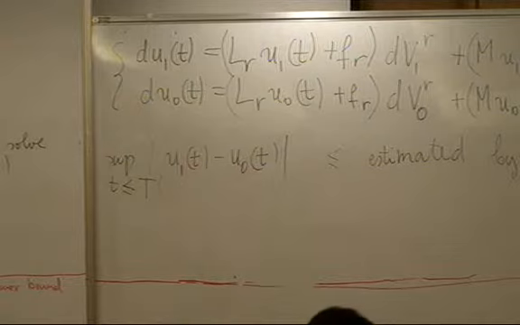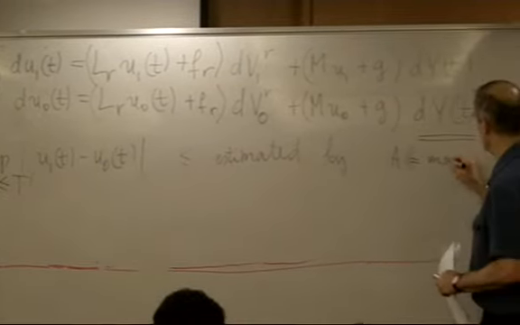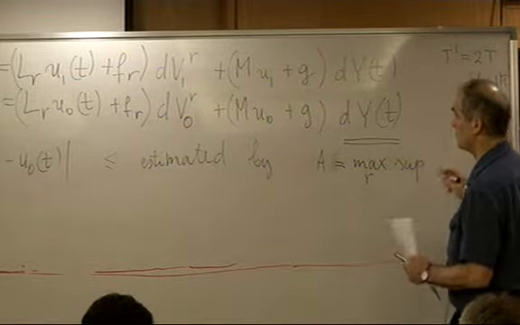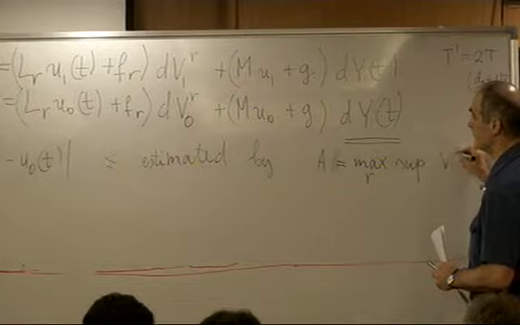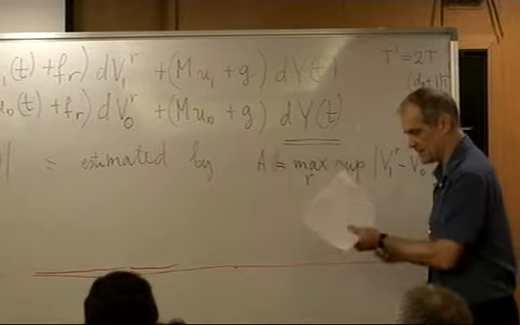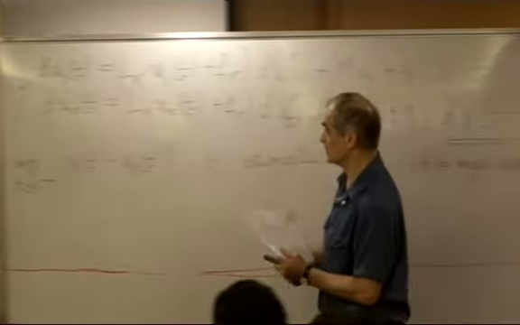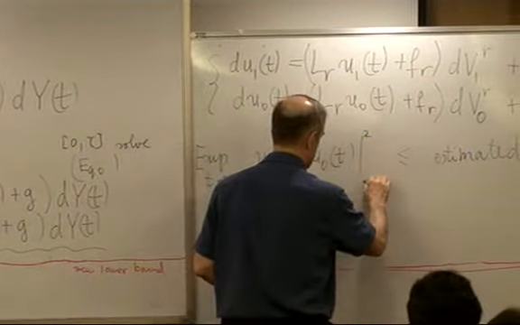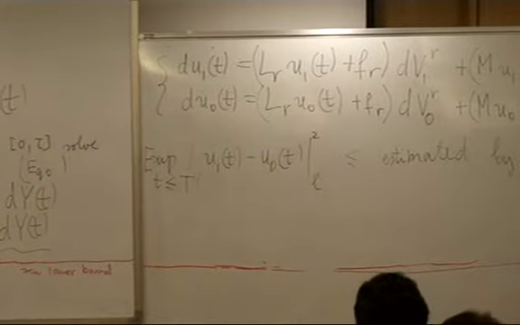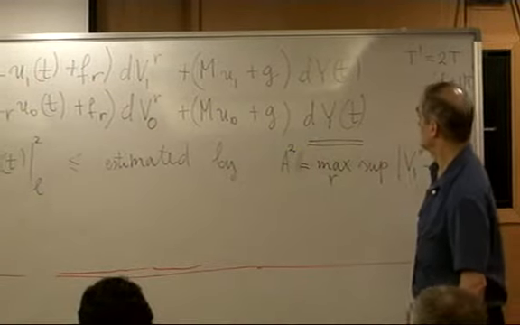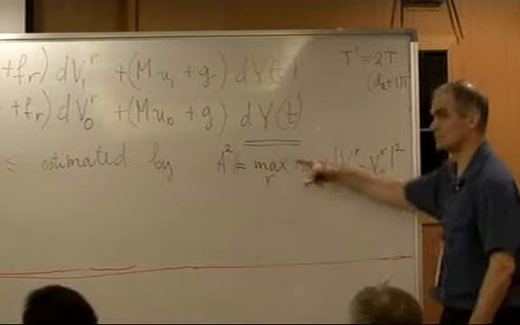So this must be estimated by A, which is the maximum over whole R and the supremum of the V R1 minus V R0, and we will see that this is indeed the case, that the solution in this norm will be estimated by a constant times this one.